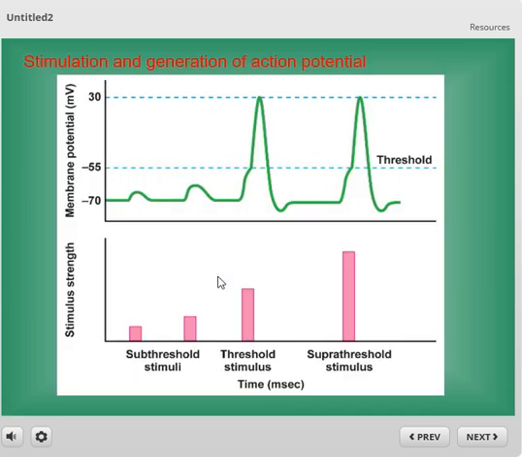This graph shows the change of the membrane potential related to the threshold stimuli. As you see, the subthreshold stimuli produce a subthreshold or local potential, but the threshold stimulus produces an action potential, and the suprathreshold stimulus cannot change the amplitude of the action potential.